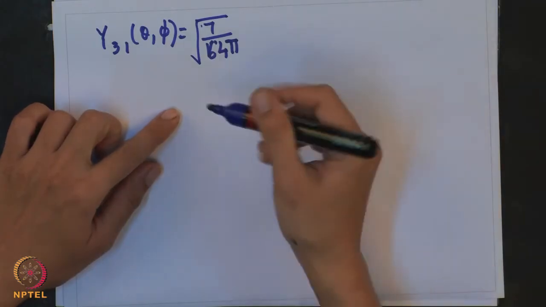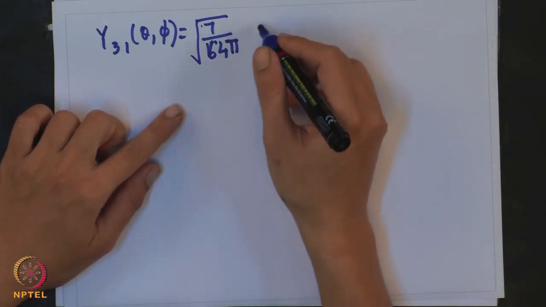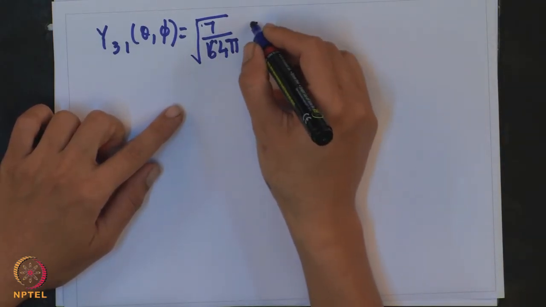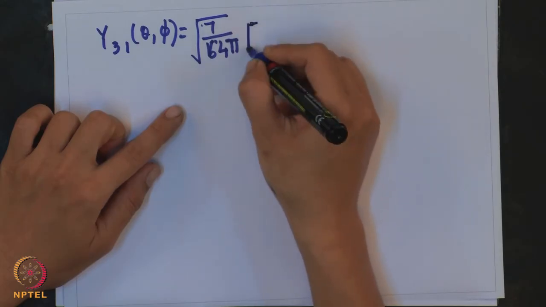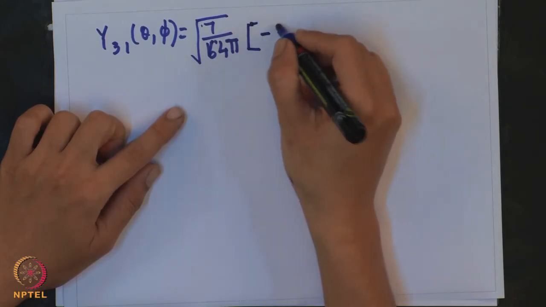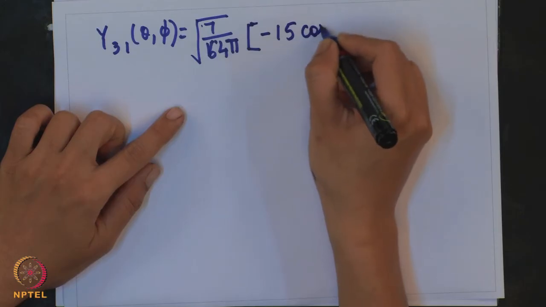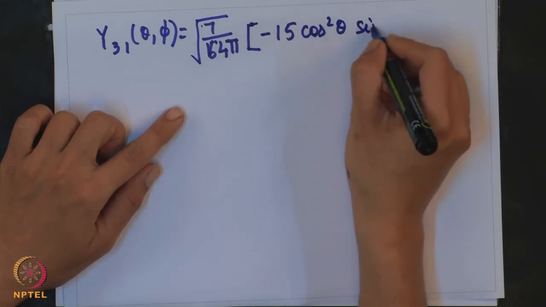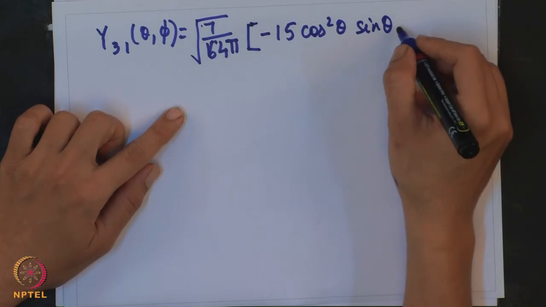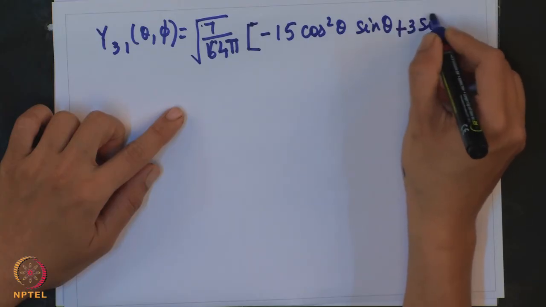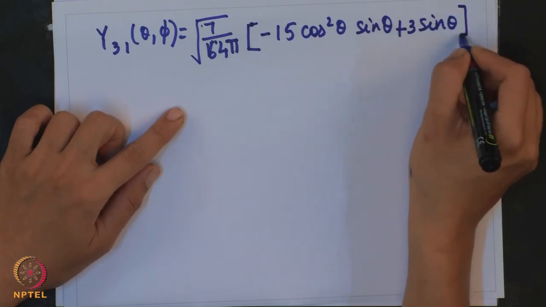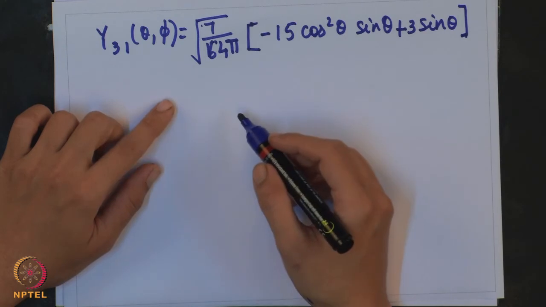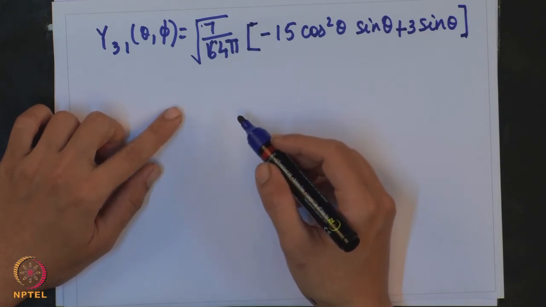On simplification, this derivative will be minus 15 cos square theta sin theta plus 3 sin theta. Just check after simplification if you get this result with 16 into 12.